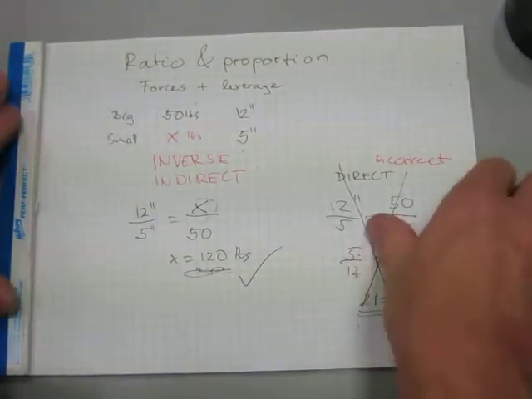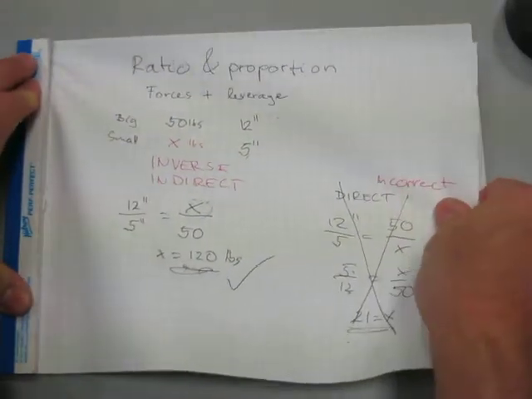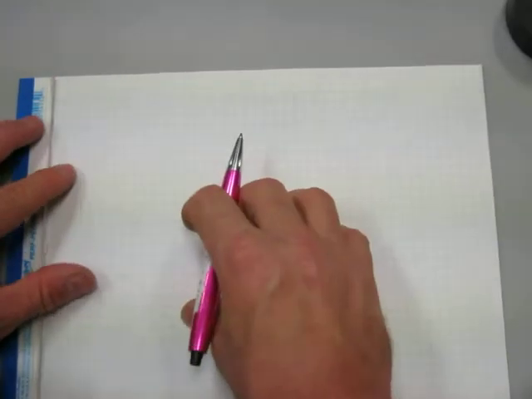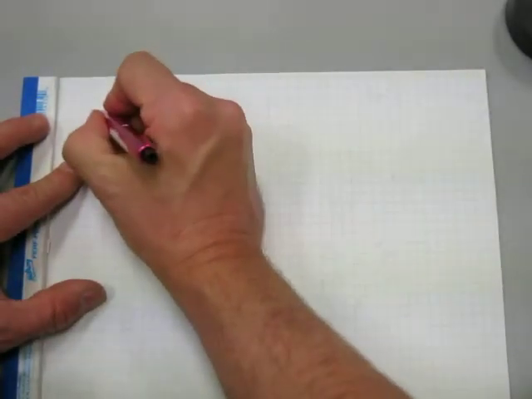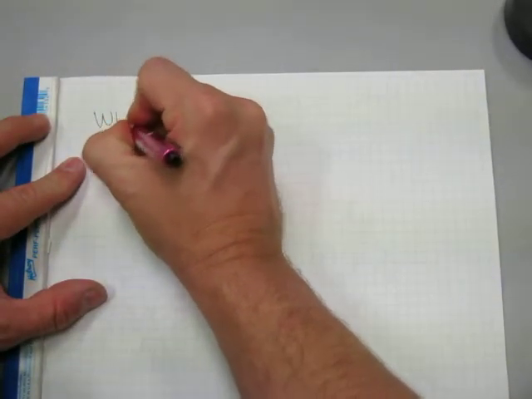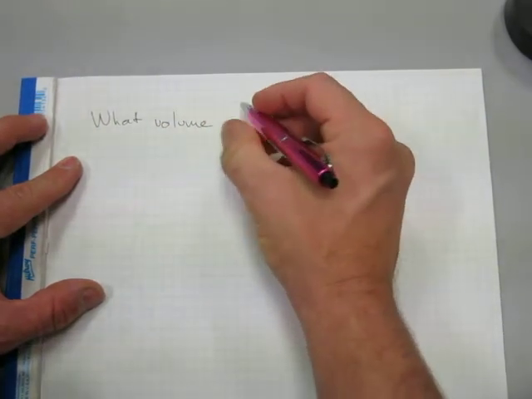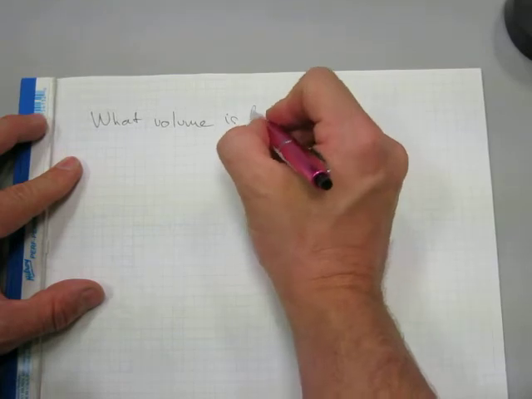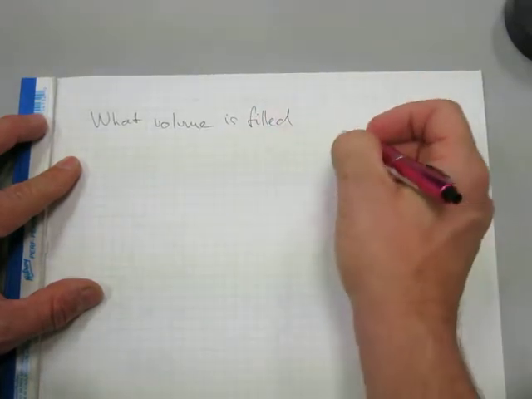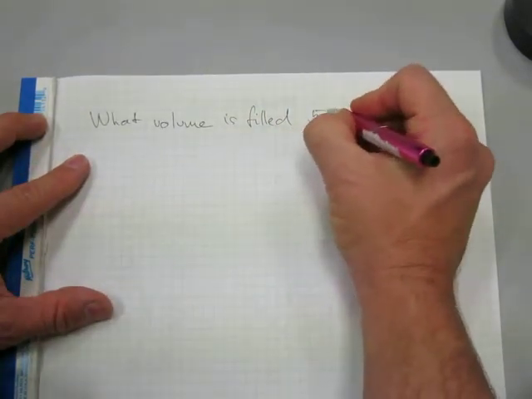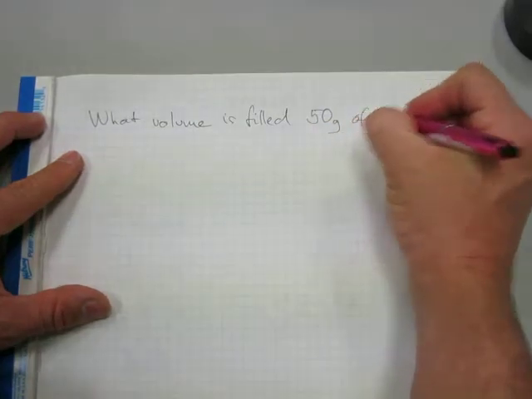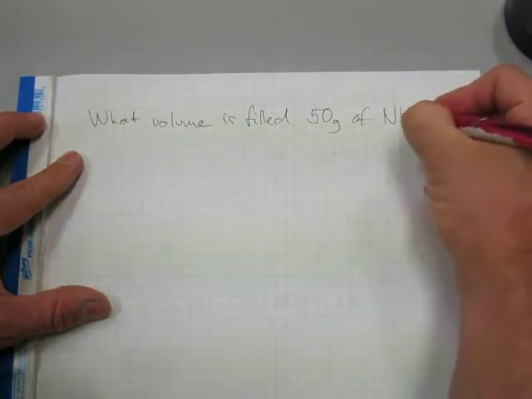Let's look at another example from chemistry involving a calculation and molarity. Say, what volume is filled by a gas, say 50 grams of, how about ammonia?